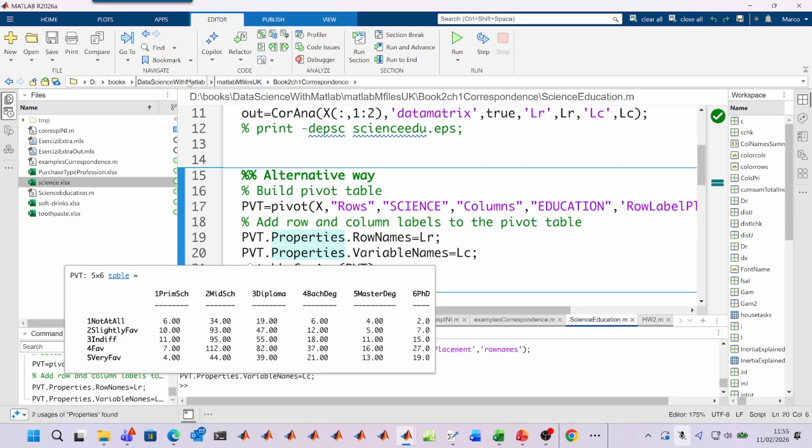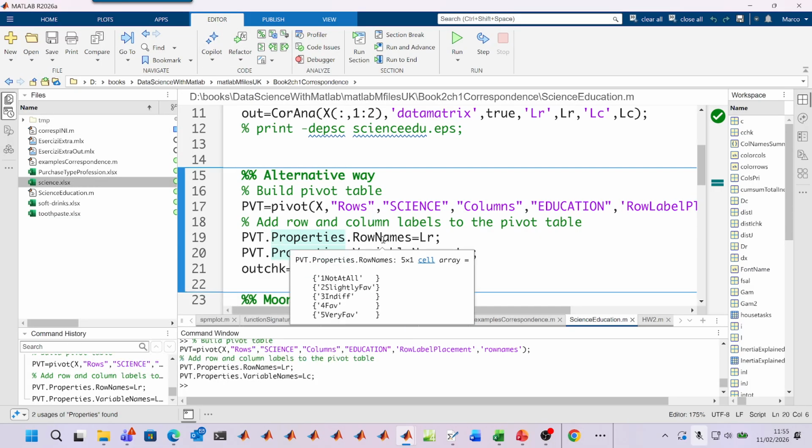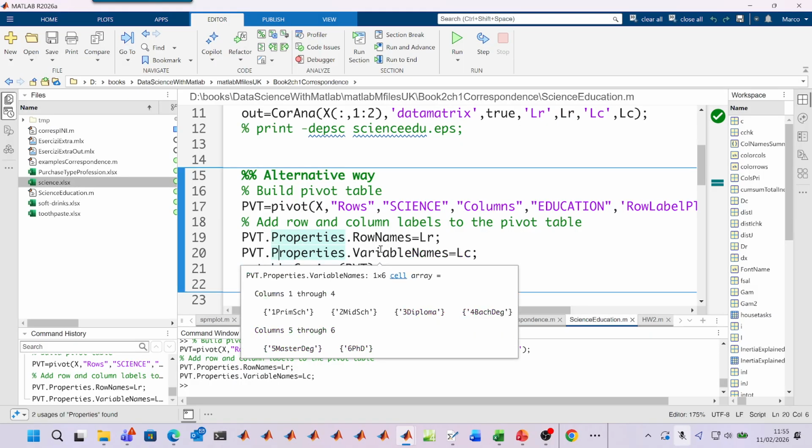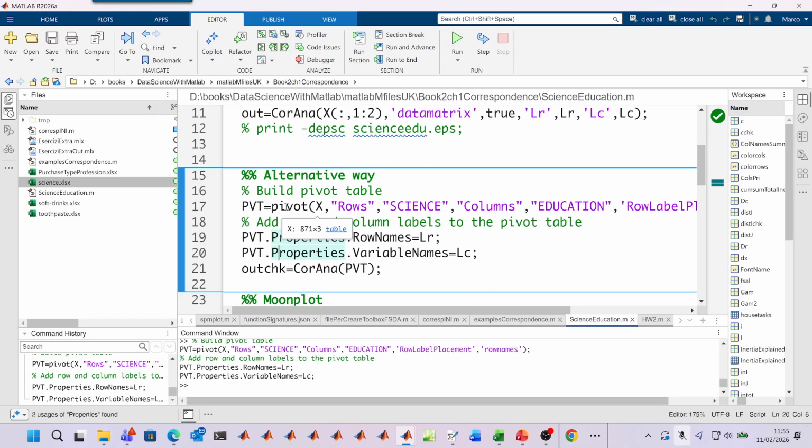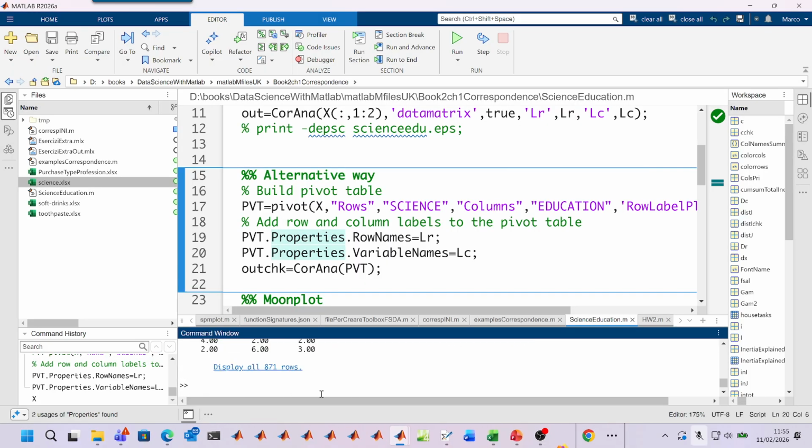With crosstab, you have to put the row names and the column names in manually, because crosstab gives in output a matrix without the row names and the column names. So you have to apply them manually, as I have done here with the pivot, because here, in this matrix X, you don't have the labels.